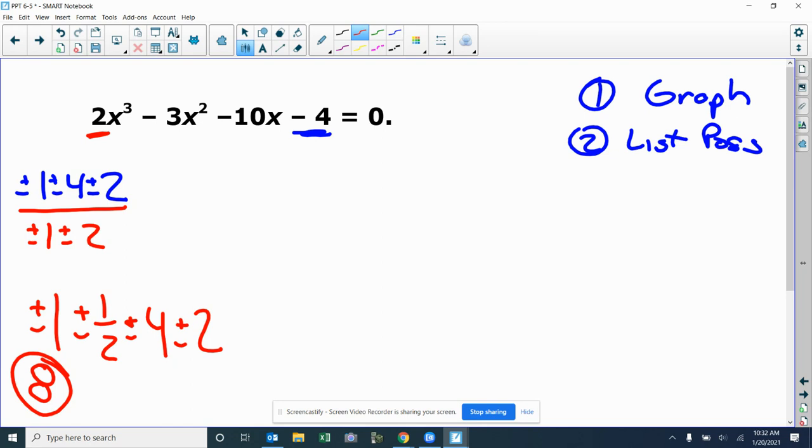Now, back in my day, in 1924, when I was in your seat and I had to do this, my old codger math teacher told me, all right, start doing synthetic division. Figure out how many roots do I need? 3. Okay, I didn't have that graphing calculator. How'd you graph it?